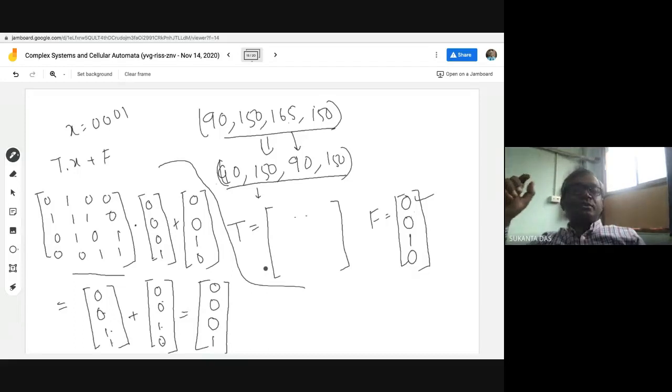For binary, linear means the field is GF2. Then 1 plus 1 is the XOR operation. It's a mod 2 operation, and in the field GF2 also, 1 plus 1 is 0.